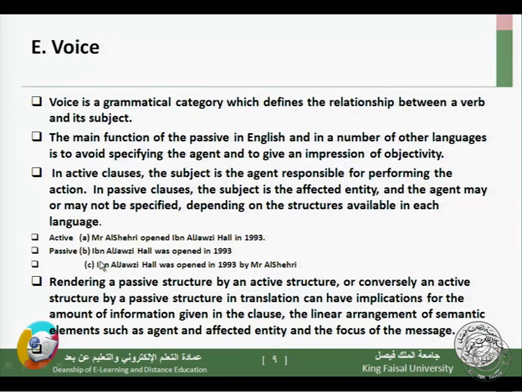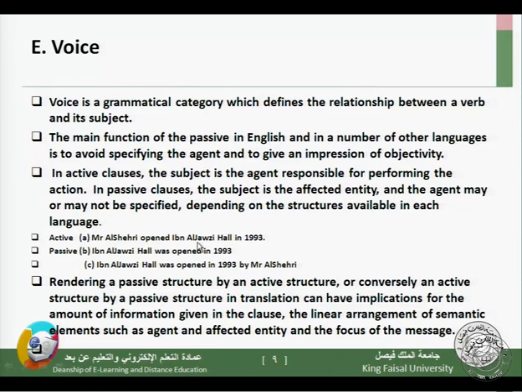Now look at this example. This gives you an idea about what we mean by active and what we mean by passive. Now active, look at this A. Mr. Al-Shihri opened Ibn al-Jawzi Hall in 1993. This is active. Look.